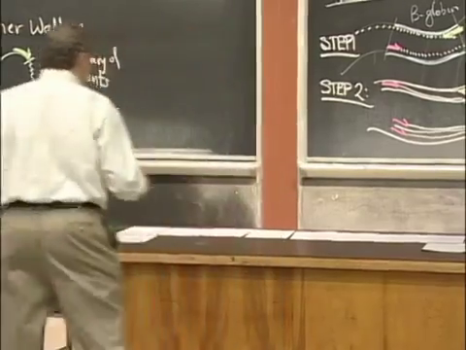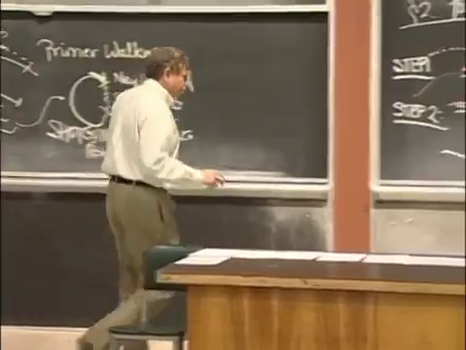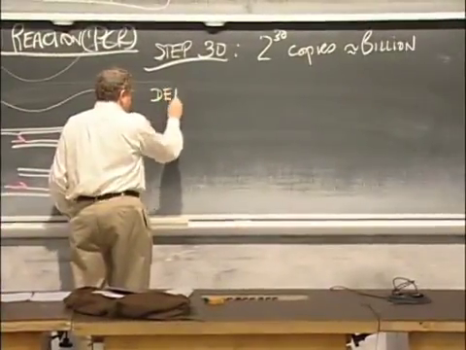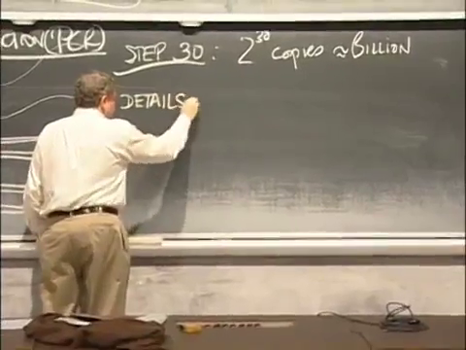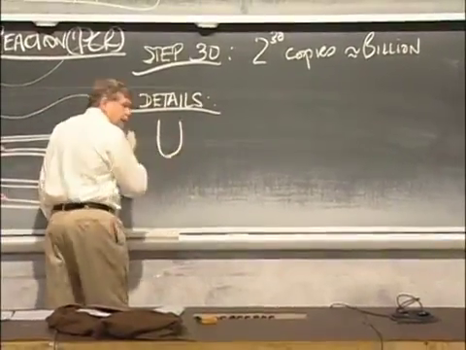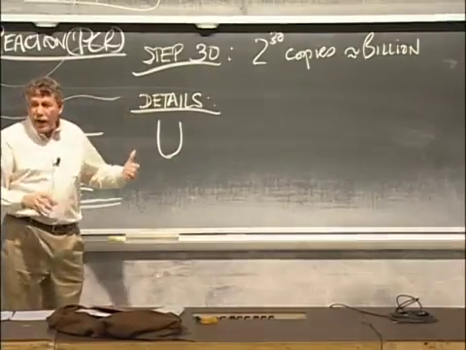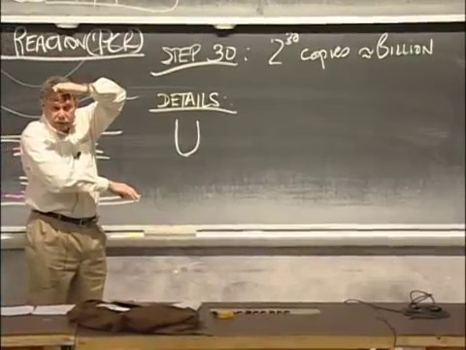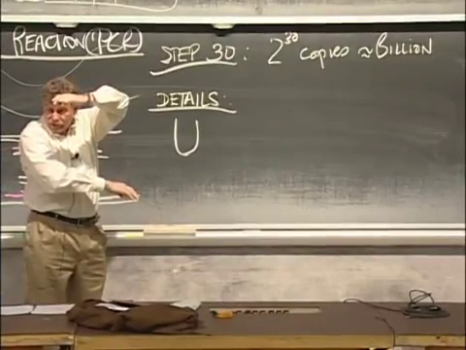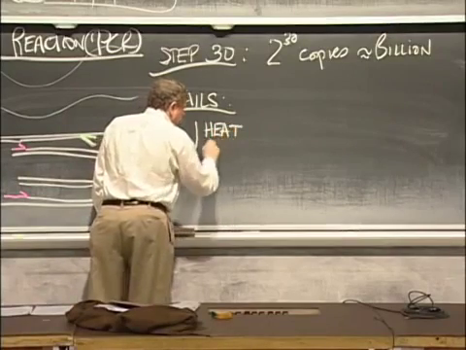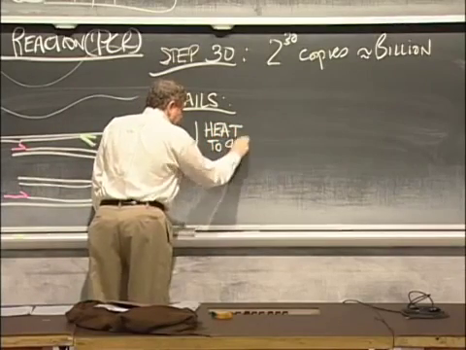Now, how do we do this? There are a couple of details that I have to worry about here. Some cooking details for the recipe. What I have to do is take my test tube and heat it up so high that the 2 strands of the double helix melt and come apart so that the primers can get in there. So I have to heat to 97 degrees.